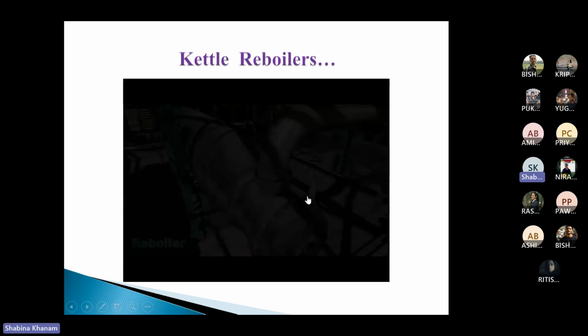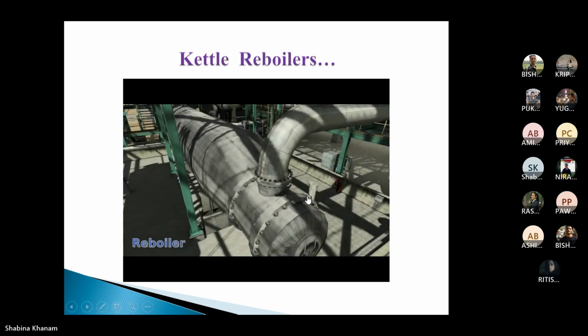In this way you can consider the kettle reboiler functioning, and I hope the different parts and accessories of it are clear to you, because we need to consider all these in designing.